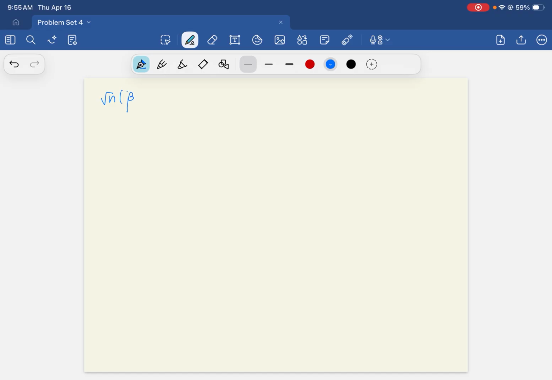That means we are interested in beta 1 hat minus beta 1 0, and this can be written as square root n times R times beta hat n minus R times beta 0. Okay, so this is k by 1, this is k by 1, and R is 1 by k. So that means it is R times square root n times beta hat minus beta 0.